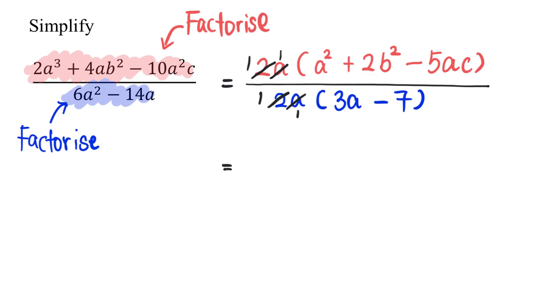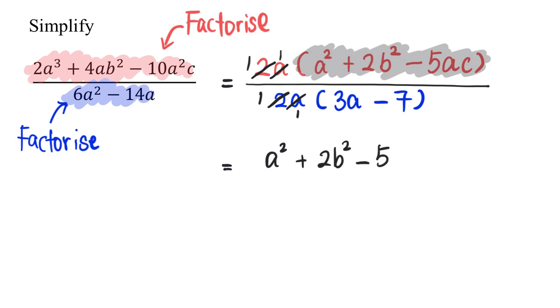So that eventually, my final answer would be 2a square plus 2b square minus 5ac over my 3a minus 7.